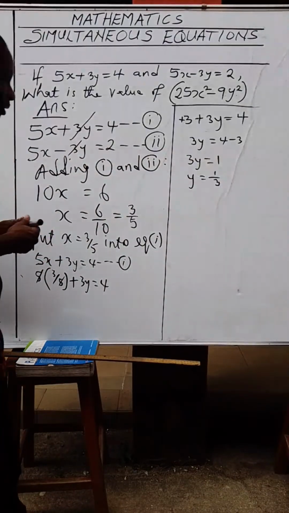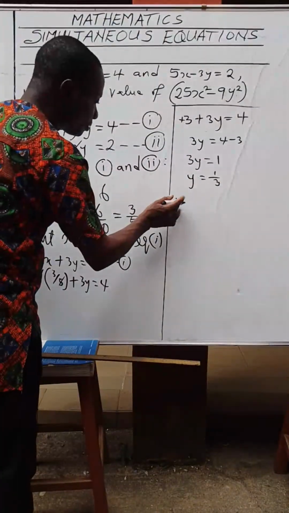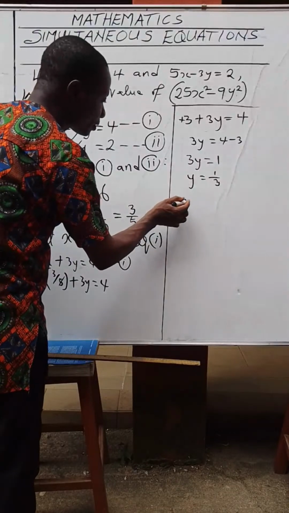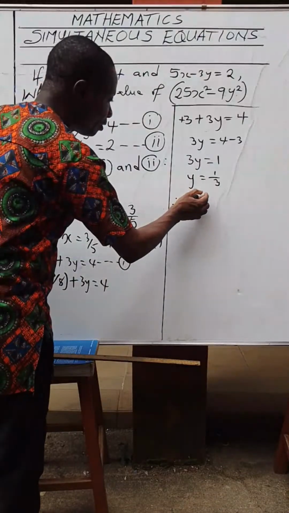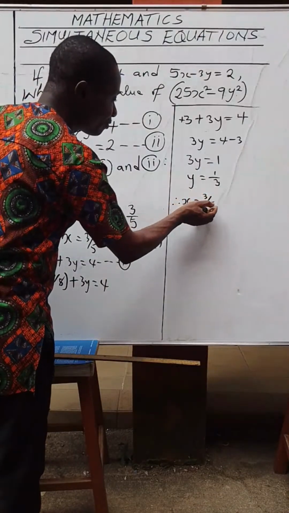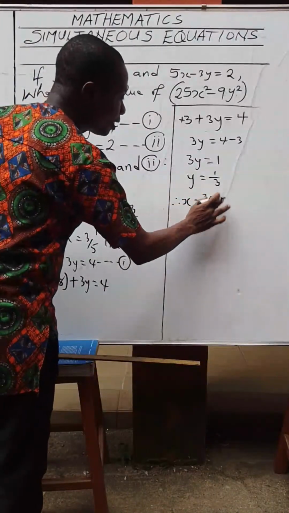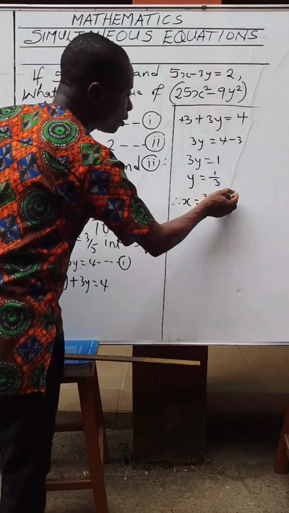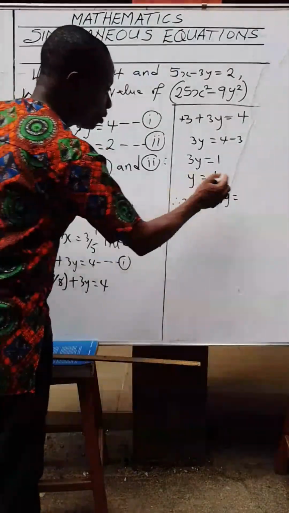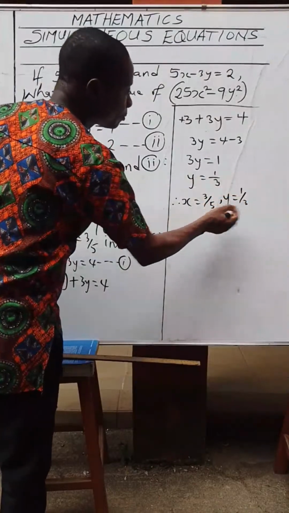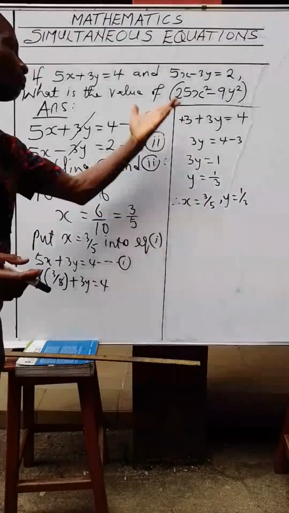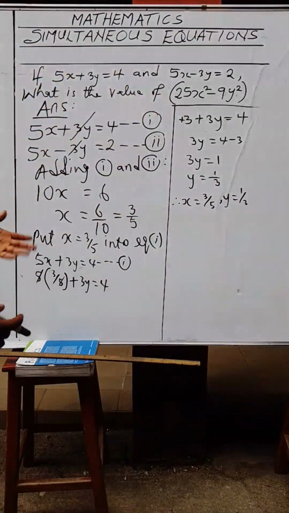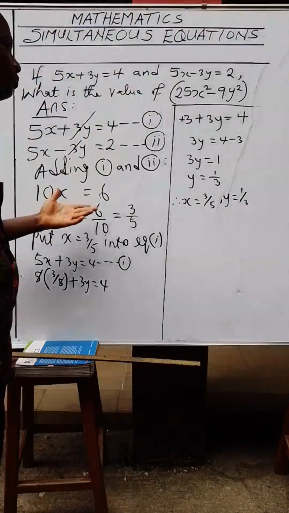So the implication here is that our x is equal to 3 over 5, and our y is equal to 1 over 3. So this is the solution, the solution set or truth set of these equations.